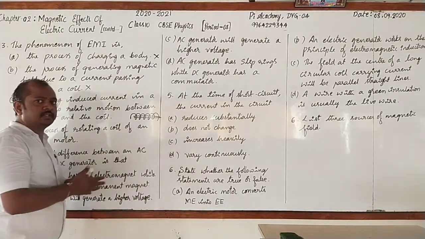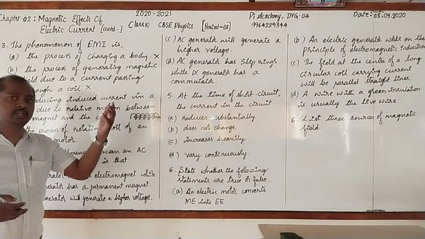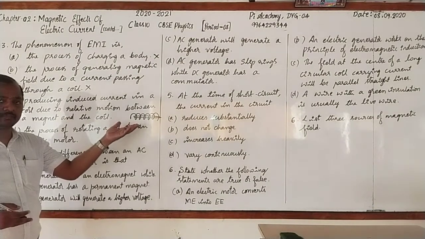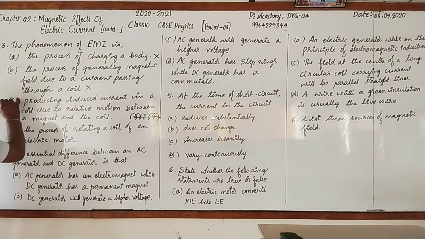In either case, the magnetic field linking with the coil changes. Due to the change in the magnetic field, current is induced, which is nothing but electromagnetic induction. Hence, option C is right. Do you accept it? Certainly.